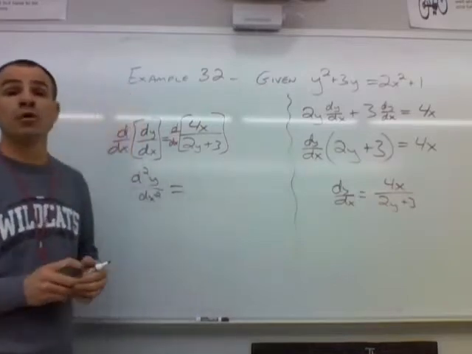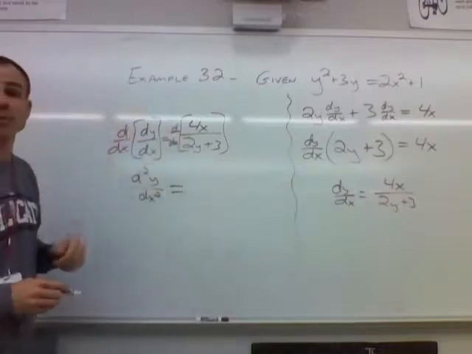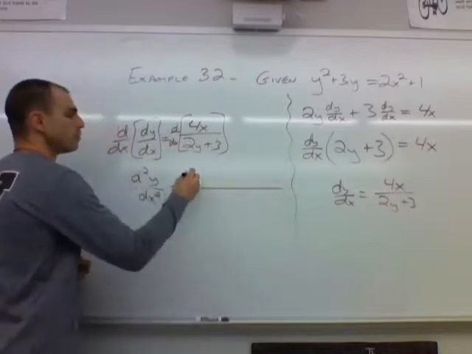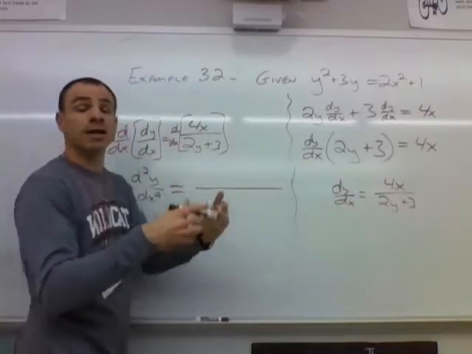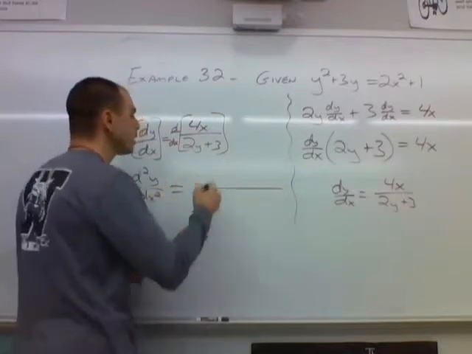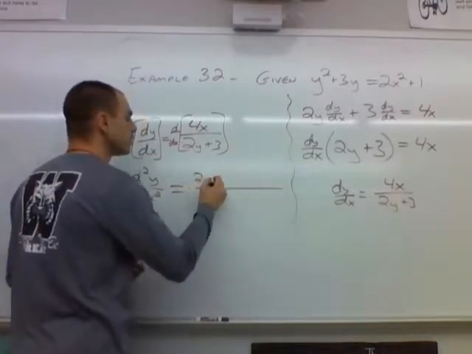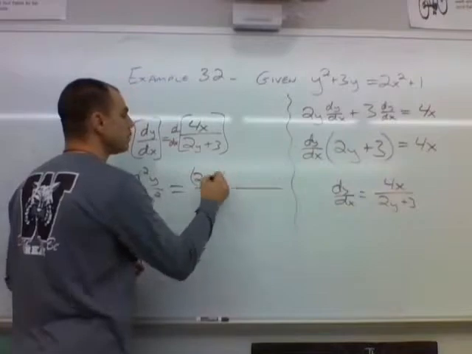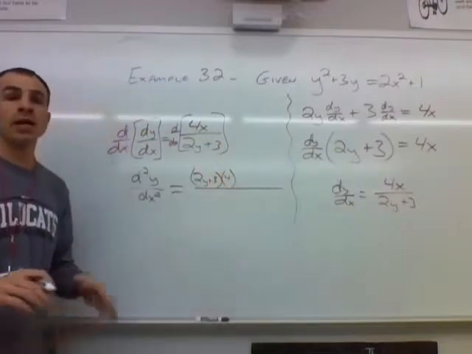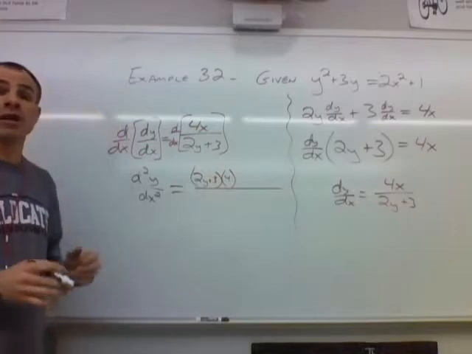So let's do our quotient rule here. We're going to derive this with respect to x. Quotient rule says, put the bottom d top minus top d bottom all over bottom squared. That's how it rolls off the tongue. So it's the denominator times the derivative of the numerator, and the derivative of 4x is 4. No dy/dx's because we did not derive a y term.